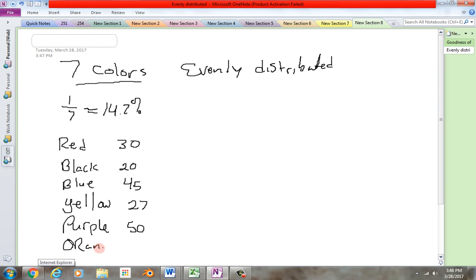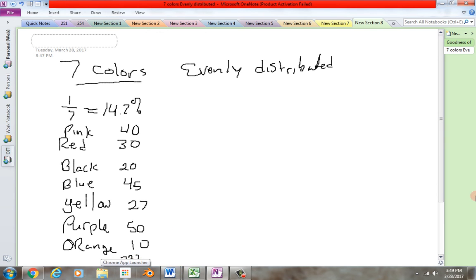Orange, Pink. Sure. By the way, you can put pink at the bottom. It's not important where it goes. Okay? Now, I can't have a calculator here, so it's 60, it's 87, 107, 152, 182, 222. I have 222 Skittles here.